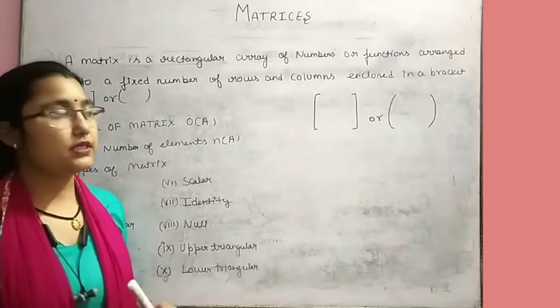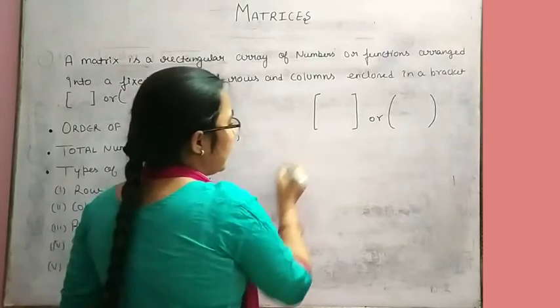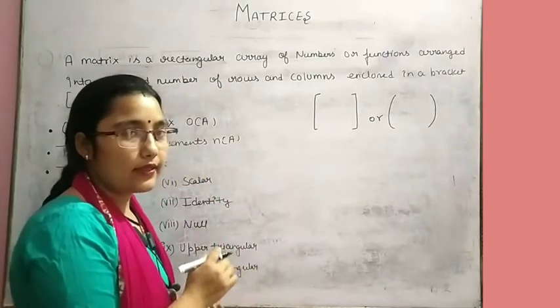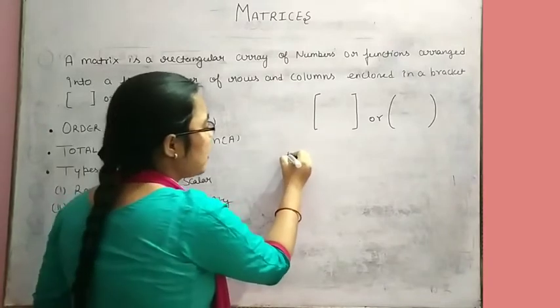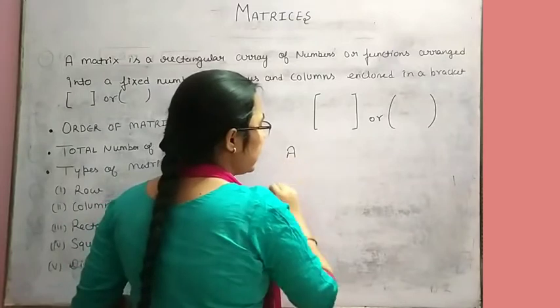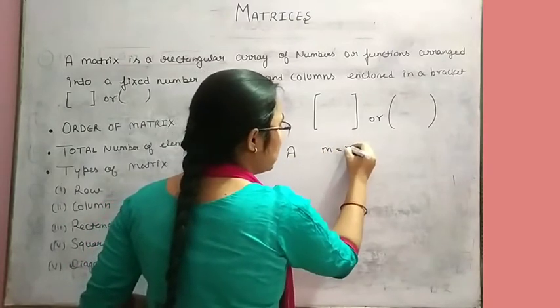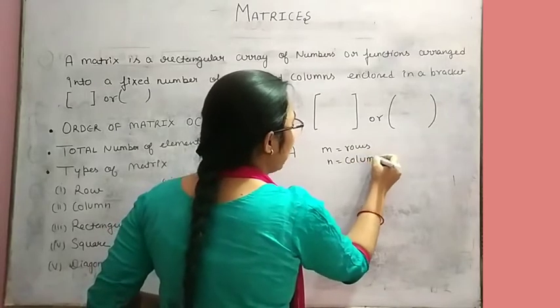Any matrix is represented by a capital letter of the alphabet and the elements lying in the matrix are represented by small letters. Suppose we have A is the matrix. It has m number of rows and n number of columns.